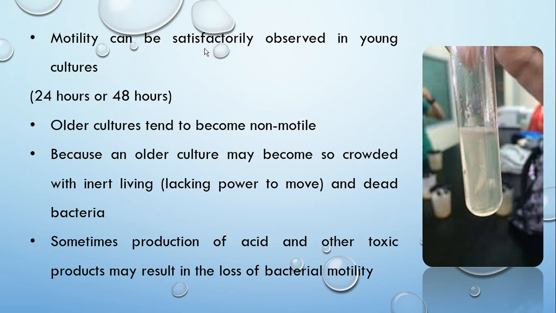Inert living means lacking power to move. Sometimes, when they are in culture, they produce acid and other toxic products. These acids and other toxic products may result in the loss of bacterial motility. So, older cultures are not suitable for the motility test.